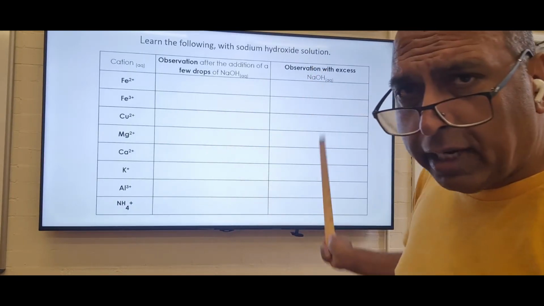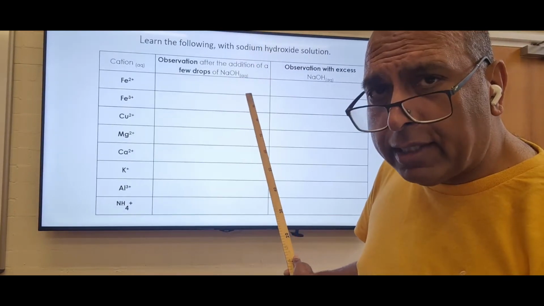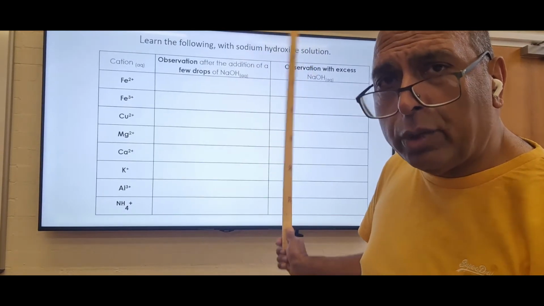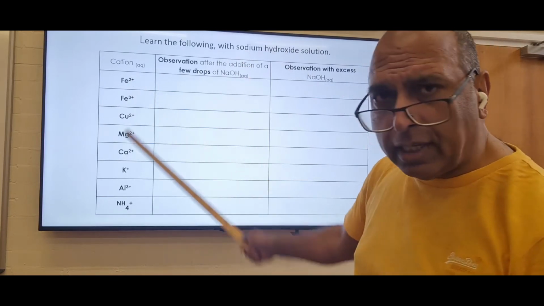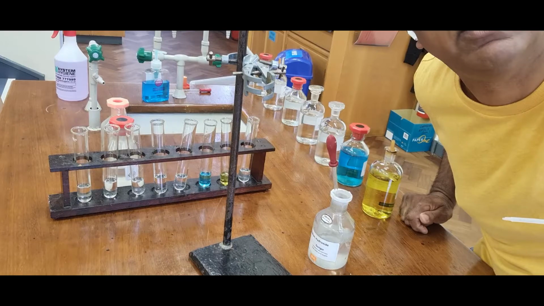We're going to fill in the table, and I'm going to tell you which are the characteristic tests, which ones to learn, and which ones will identify these ions absolutely. So let me just pause it and move you to my test tube.